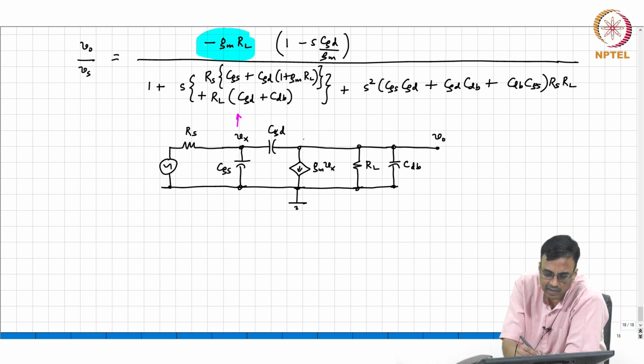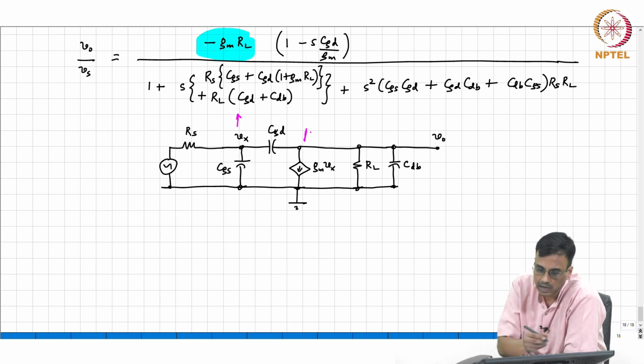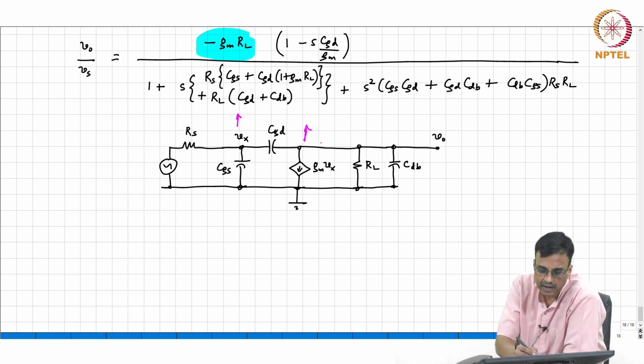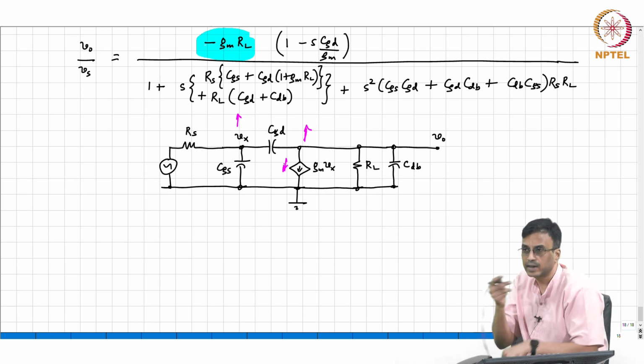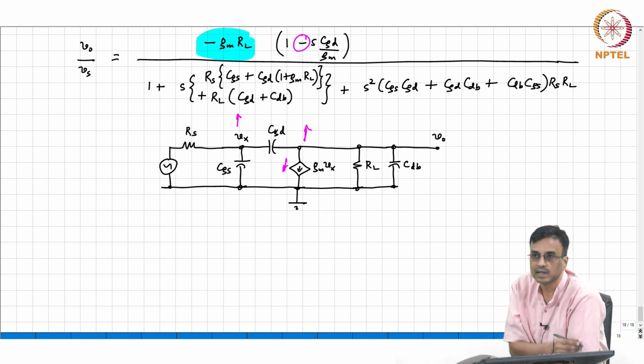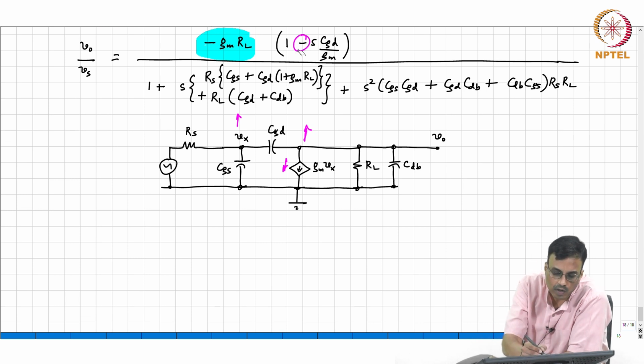through CGD, will this node tend to go up or go down? It will go up. Through GM, what is GM trying to do? GM is trying to pull the voltage down. So they are trying to do it in opposite directions, which is why you have a 0 in the right half plane.